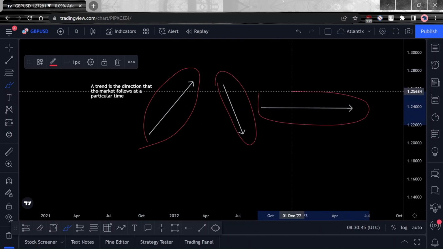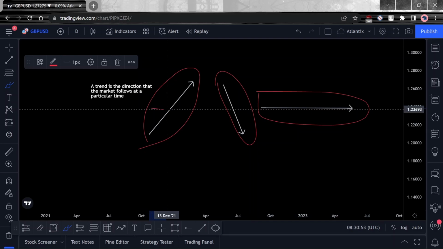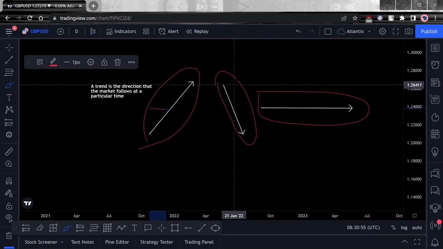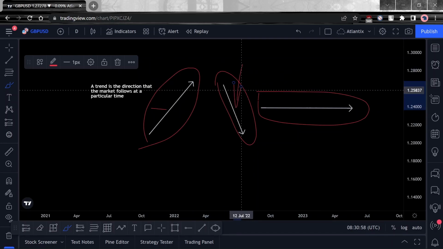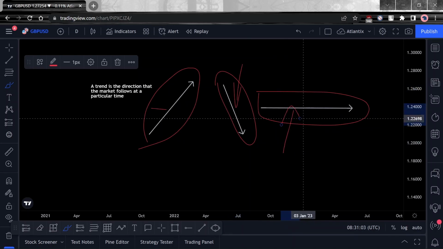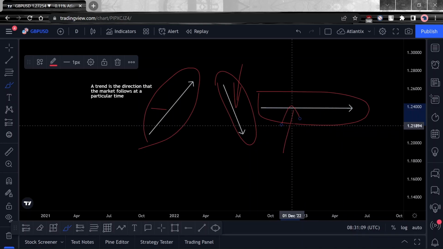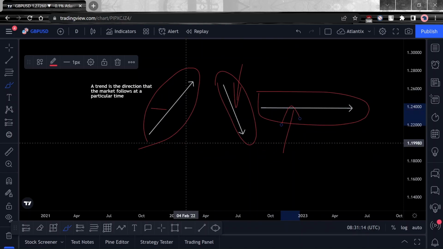Whenever we have price moving sideways, we can call that a range. All right. And you can also call this a bullish trend, like we've already discussed. You can call this a bearish trend, and you can also call this a consolidation. That's what others prefer to call it. I just use the word range. I don't fully understand the consolidation word, but it is what it is. I think you get it.